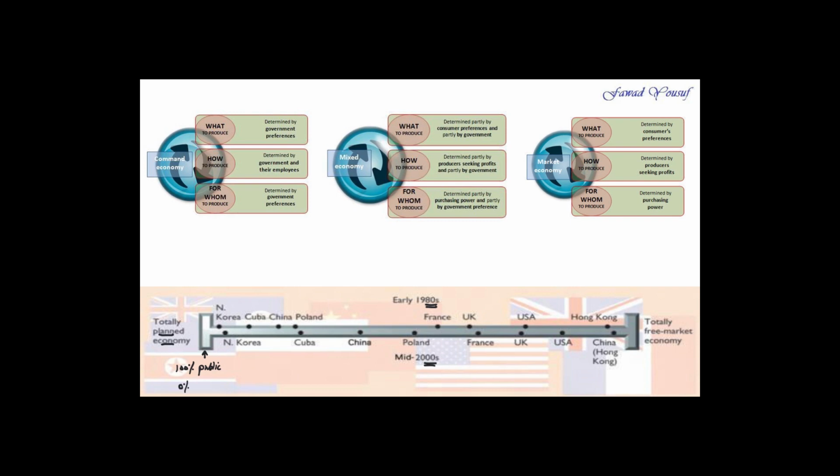That means 0% private. On the extreme right hand side, we have totally free market economy, which is 100% private and 0% public. And if you see on the spectrum, there is no country on the extreme side. None of them, because there is no example of them.